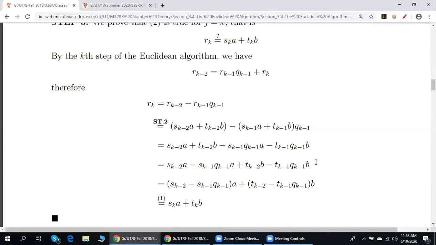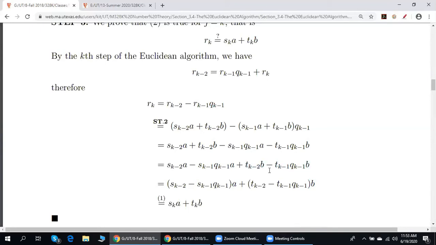Next, let us switch positions of two terms. Let us move this term over here and this term over here. After that, over here, a is a common term. Factor it out.